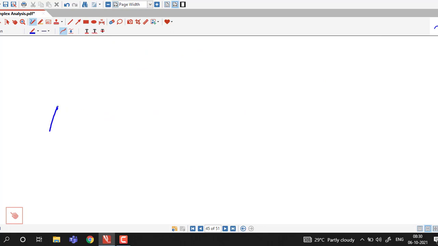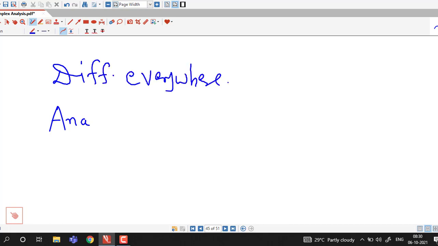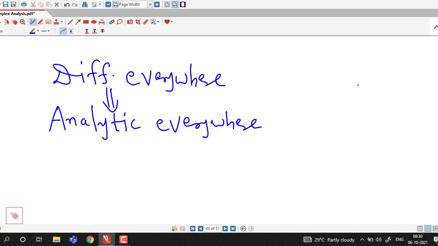Or we can remember that if a function is differentiable everywhere, then we can directly write that the function is analytic everywhere, because if a function is differentiable everywhere, then it is going to be differentiable in every neighborhood of every point.